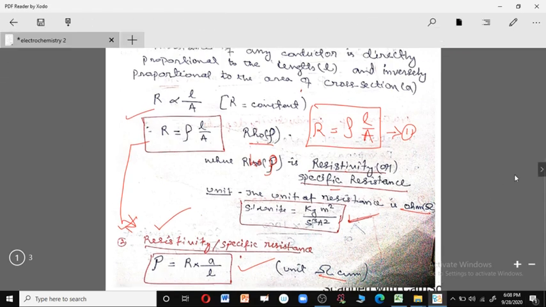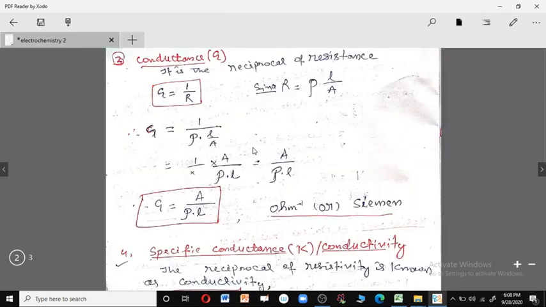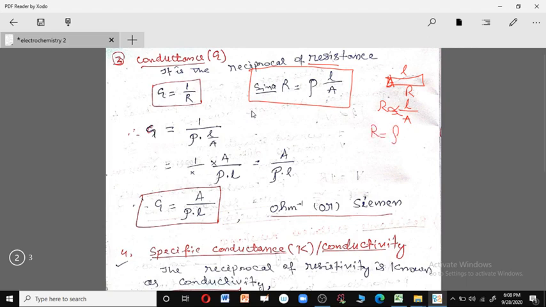Okay. Next, you have conductance. This is very important. It is the reciprocal of resistance. So what is the formula of resistance? As I've told, resistance R equals rho l by A, directly proportional to length and inversely proportional to area of the cross section. Conductance is denoted by G or kappa.